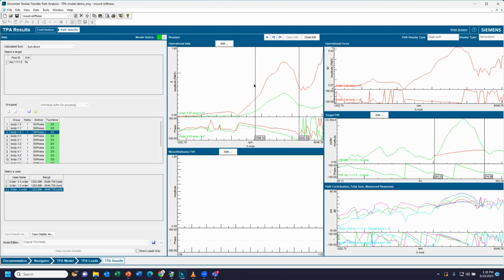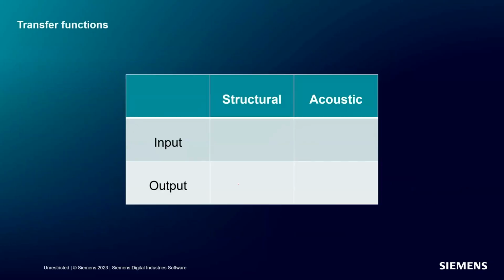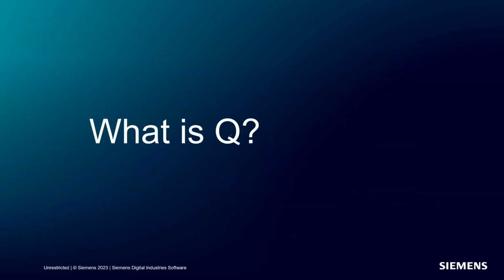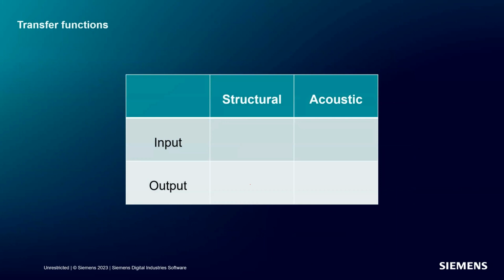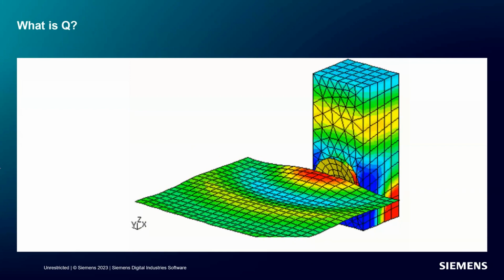So I hope that made sense. Okay. Q is acoustic force. Just to explain this a little bit, if we have a structural FRF, we have force as the input and the output is acceleration. With an acoustic FRF, the output is sound pressure, but the force for an acoustic path would be Q. Let's say you had a speaker like this.